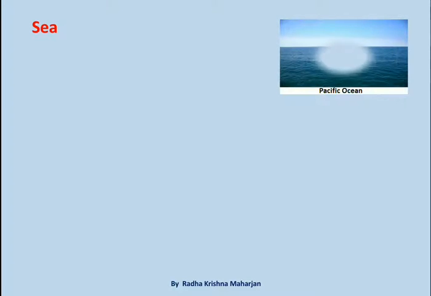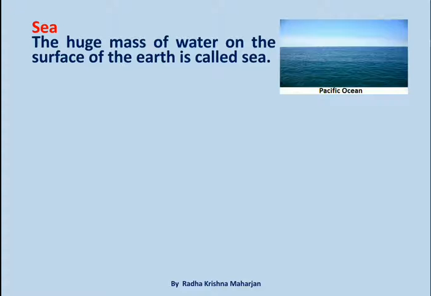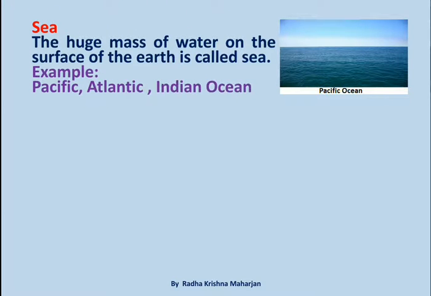Sea. The huge mass of water on the surface of the earth is called sea. Example: Pacific, Atlantic, Indian Ocean.